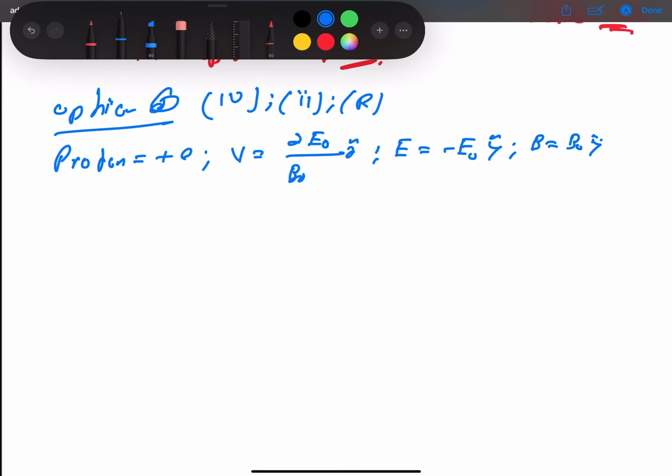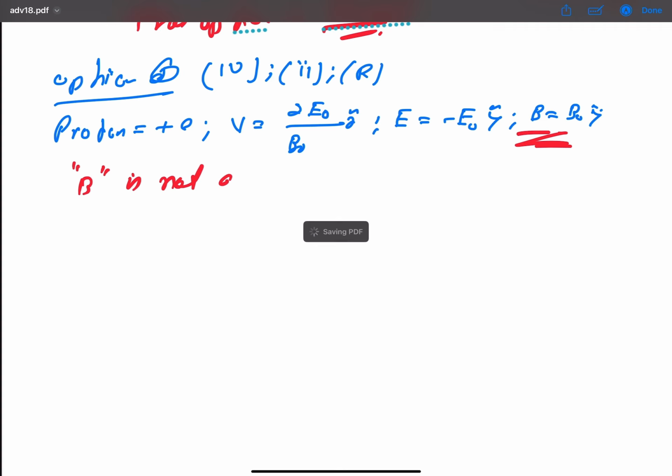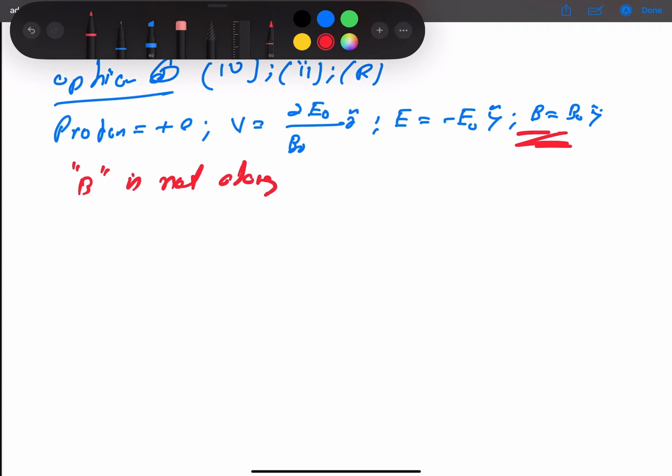And once again, the magnetic field is not along z.